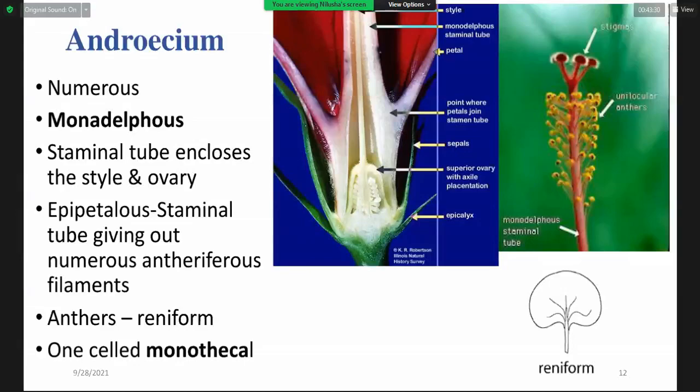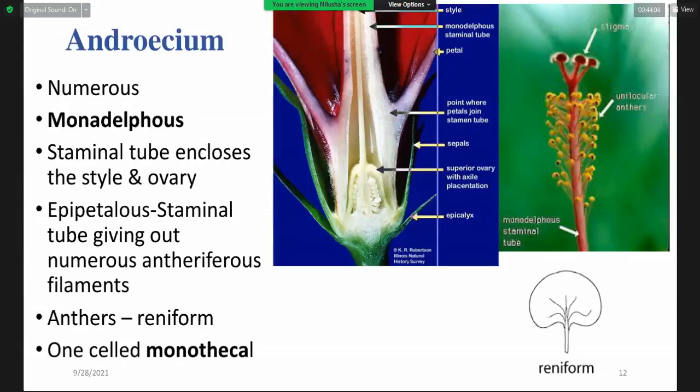And also, the epipetalous staminal tube gives out numerous antheriferous filaments. As I already explained, on the staminal tube there are so many antheriferous filaments. The anther has a reniform structure. Here you can see this shape.